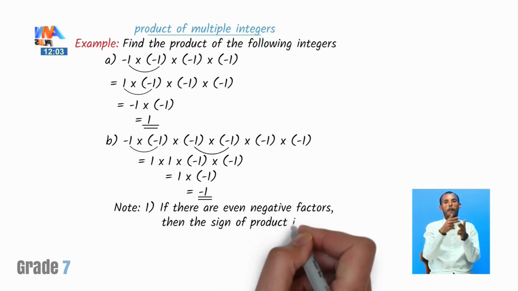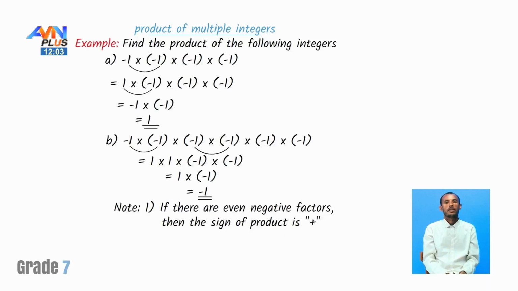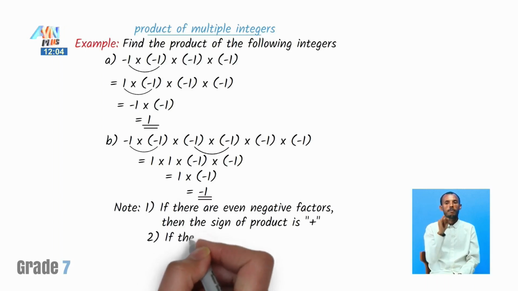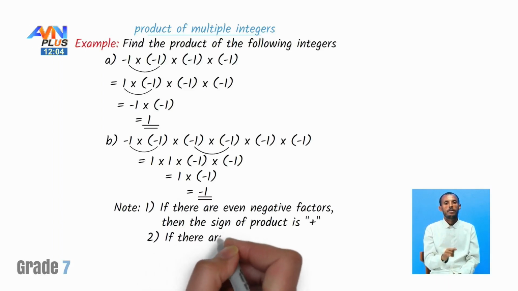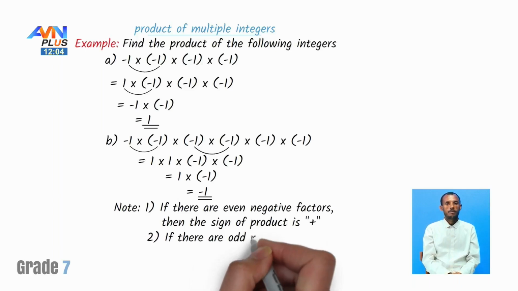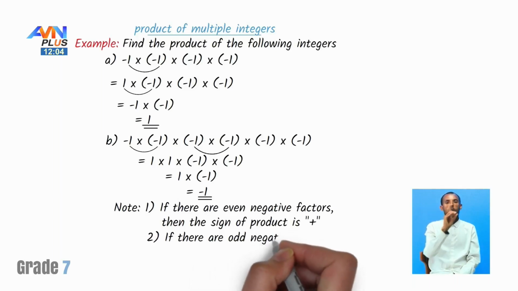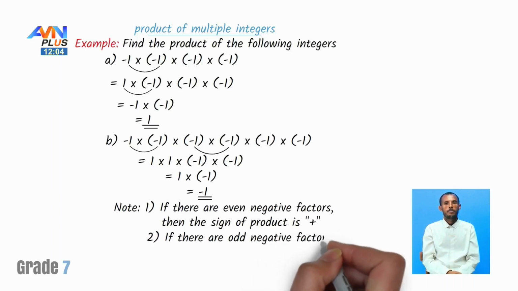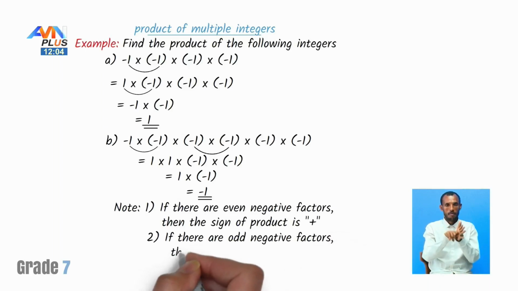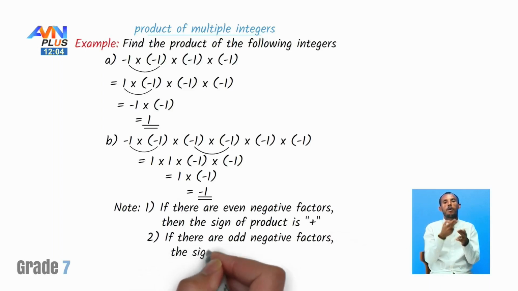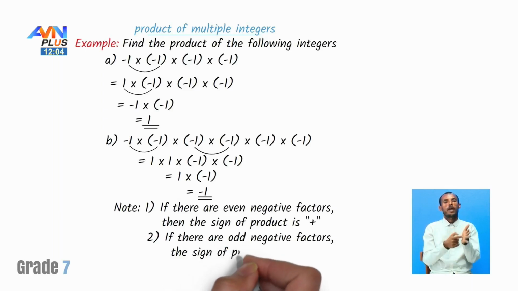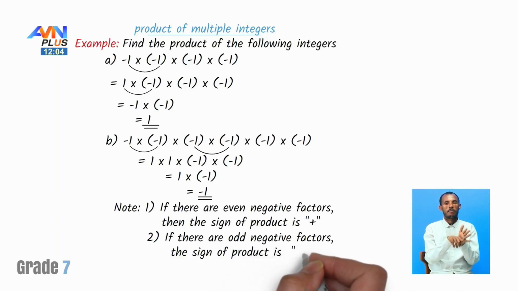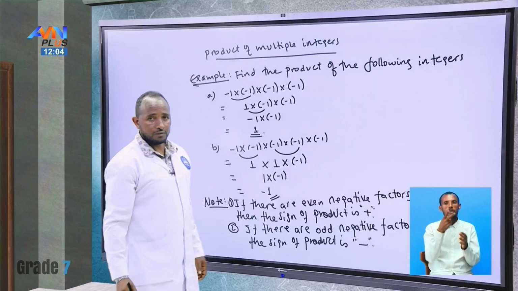If there are an odd number of negative factors, then the sign of the product is negative. Now let's see an example for this.